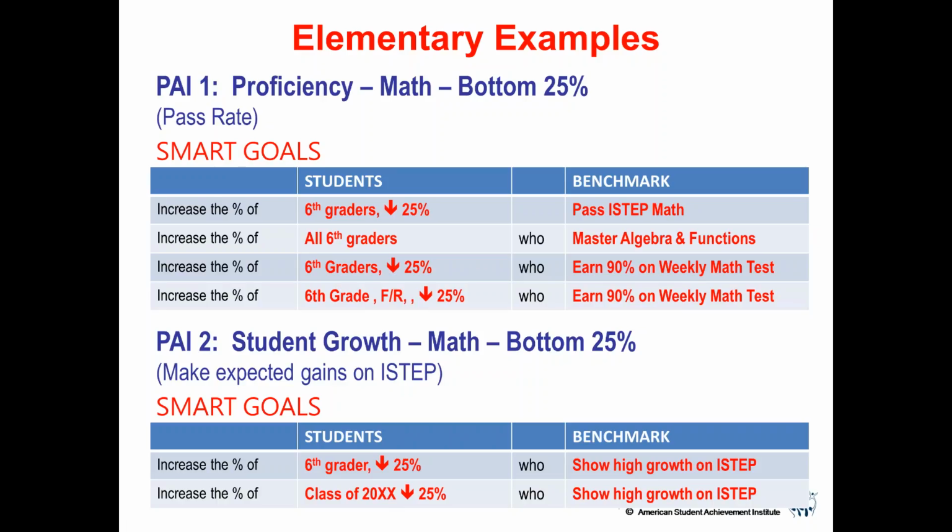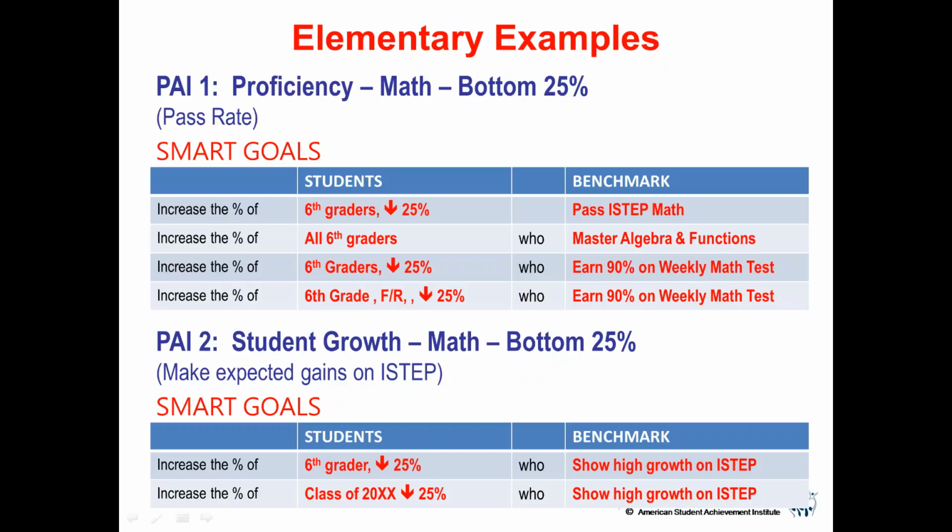And this way, by having a student group that's a class, they can follow the same group of students from 6th grade to 7th grade to 8th grade, 3rd grade to 4th grade to 5th grade. They can follow that same group of students over time to see if the percentage who are passing this assessment is increasing year to year with the same group of kids.